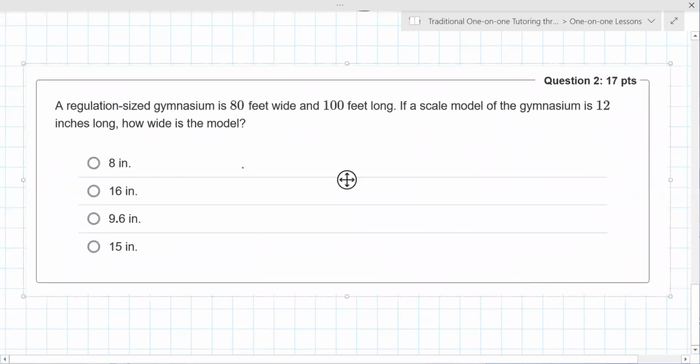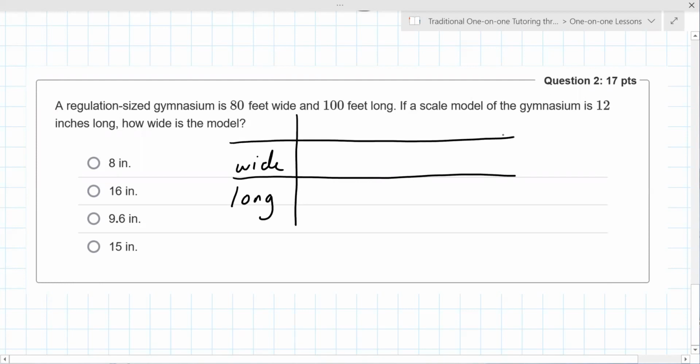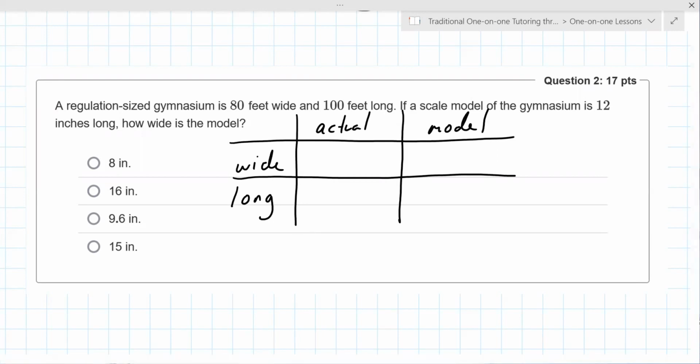Okay, so we have the wide, the long. We have the actual, and the model, or you can say real and the model. So I want you to try filling these in and solving the proportion for me.